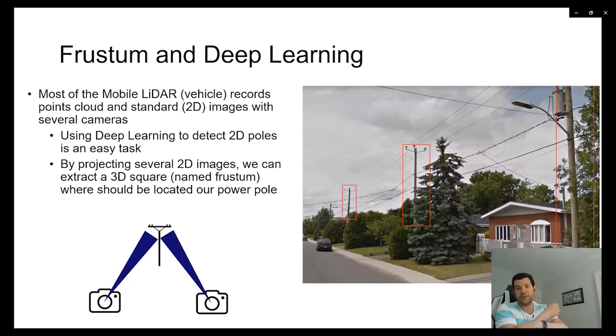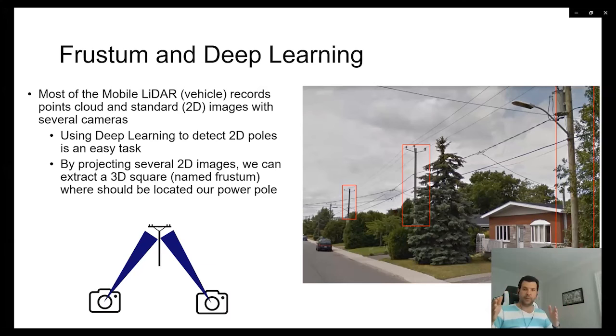Our deep learning algorithm can detect poles in 2D images. But what you don't know is that your LiDAR vehicle is able at the same time to record point clouds, but also images from several cameras. Those mobile LiDARs have 6 cameras, and each camera has a direction, orientation, and so on.